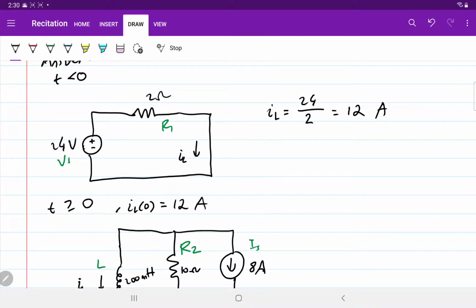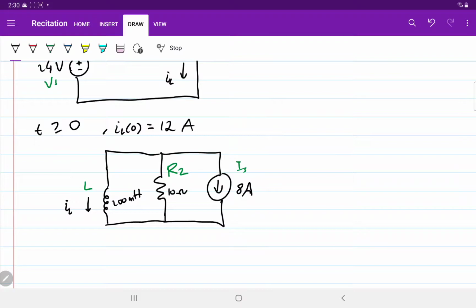It has stored some energy inside it, and the energy is represented by this initial current of 12 amps. All right, and given the setup, we want to find what is IL there.